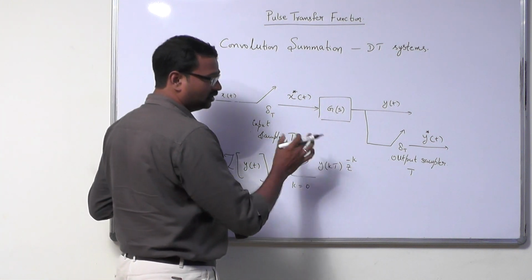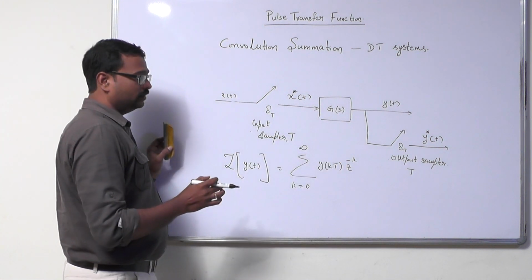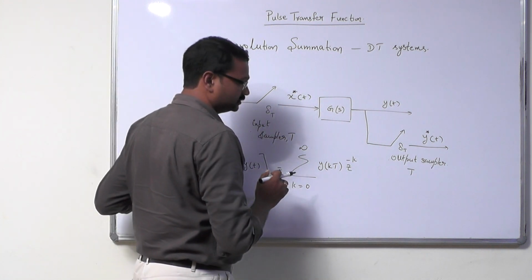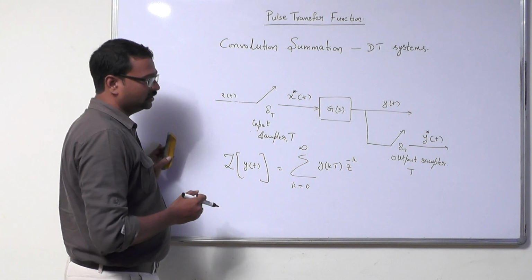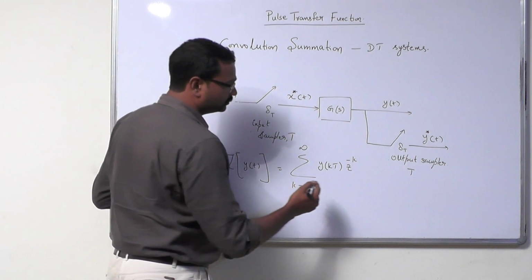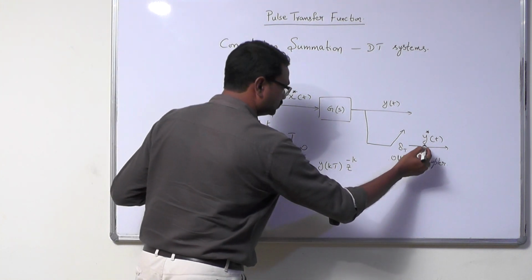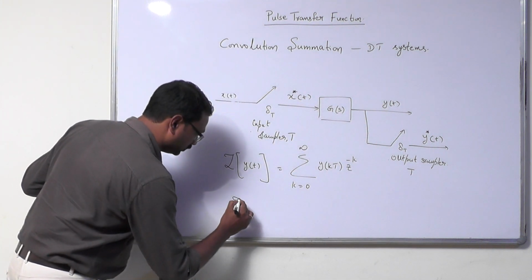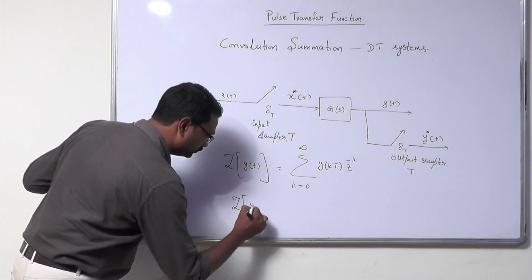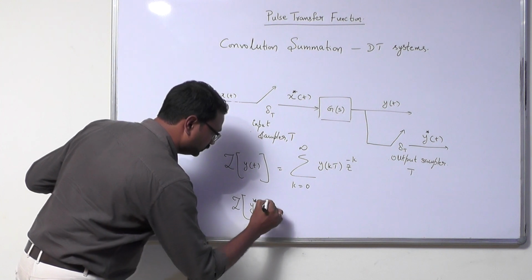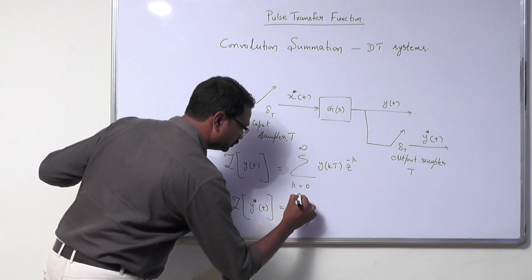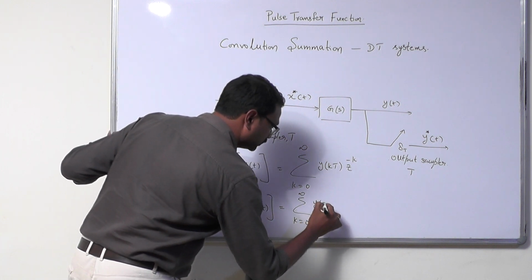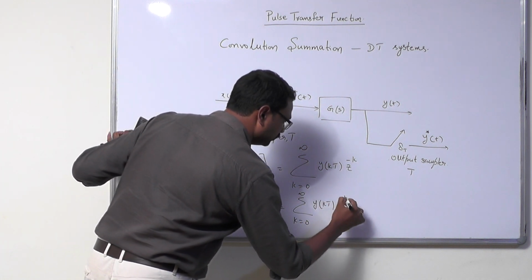Therefore we will not lose any information while sampling the continuous time signal, or reconstructing it back. Therefore when you are having this, the z transform of y star of t is equal to sigma k 0 to infinity y of kT z power minus k.